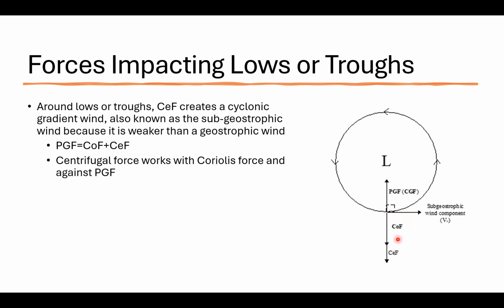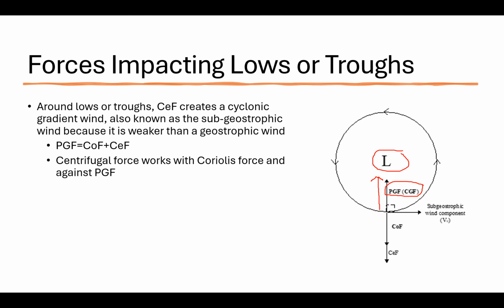So let's say, and I'm going to circle these as I talk about them, all right? This is our low height center. It's represented by the letter L. And realize that the contour gradient force, CGF, or the pressure gradient force if you're at the surface, is always going to act towards lower heights or lower pressure.